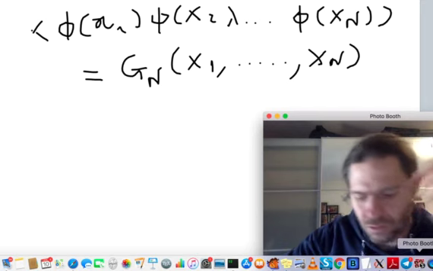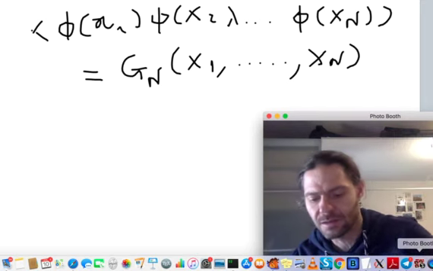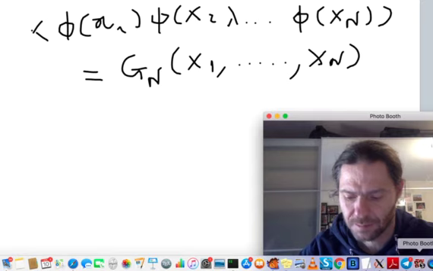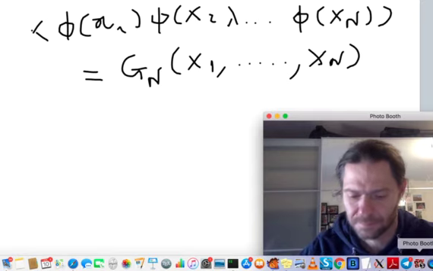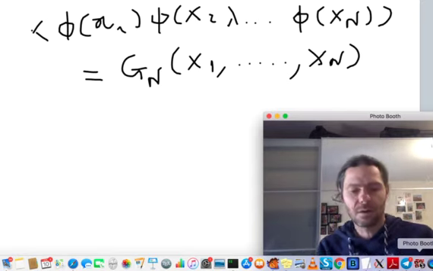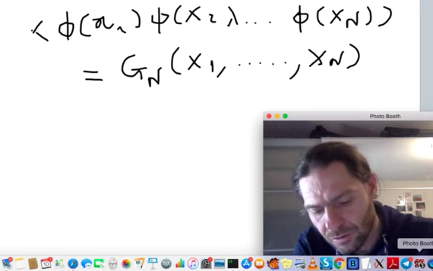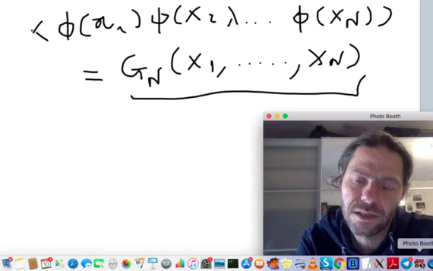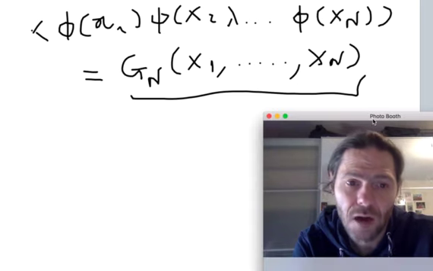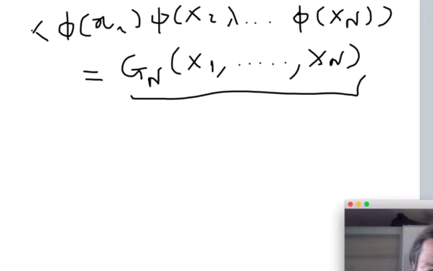There's nothing more to compute in the theory than this. So the question is, of course, how can you calculate these objects? How can you calculate correlation functions of products of fields, of n products of fields, potentially in n different points?